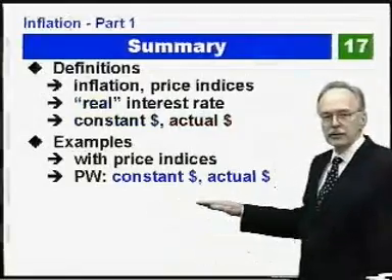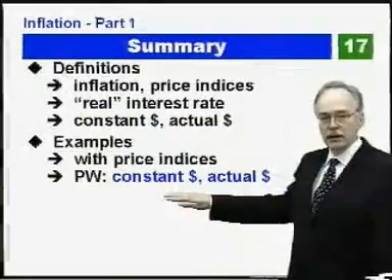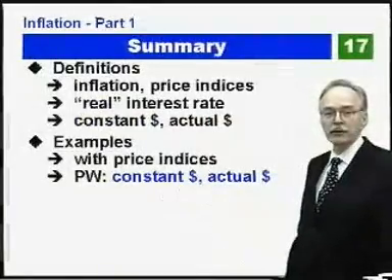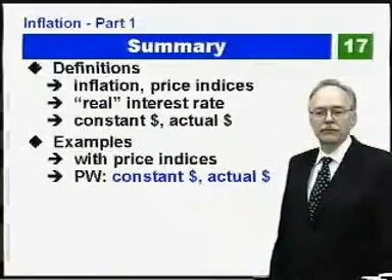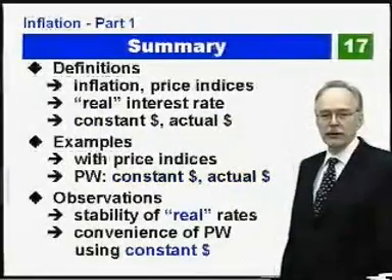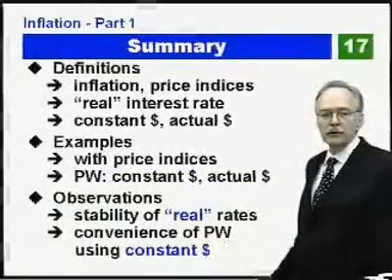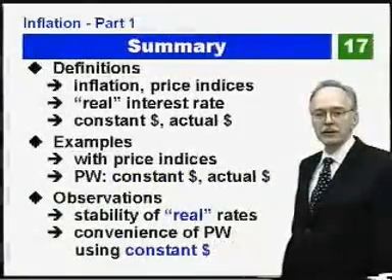We had examples with price indices. We had an example where we computed the present worth using both constant dollars and actual dollars and got the same numerical value. And last, we had some observations about the stability of real rates and the convenience of computing present worth using constant dollars.